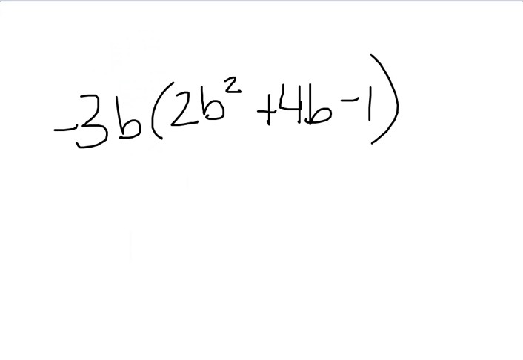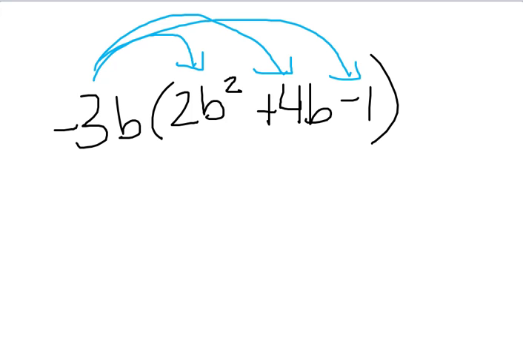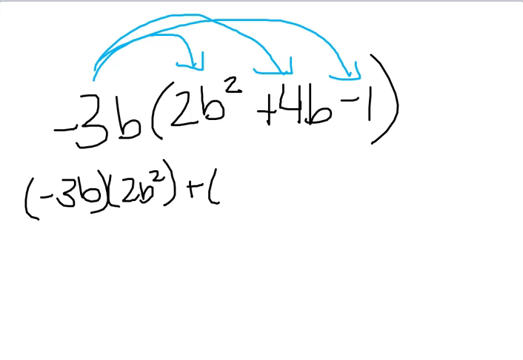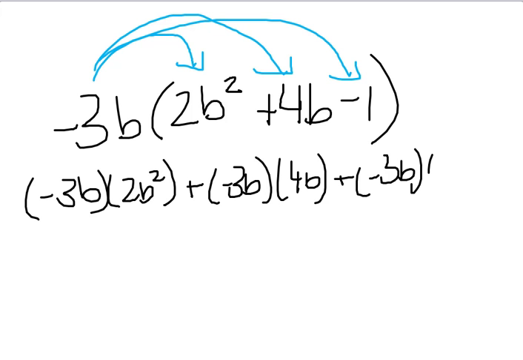What if I now have negative 3b times (2b squared plus 4b minus 1)? Well, now I need to distribute that negative 3b to each of the terms of my polynomial, and I'm going to get negative 3b times 2b squared, plus negative 3b times 4b, plus negative 3b times negative 1.